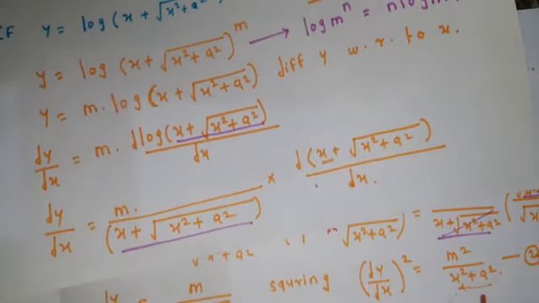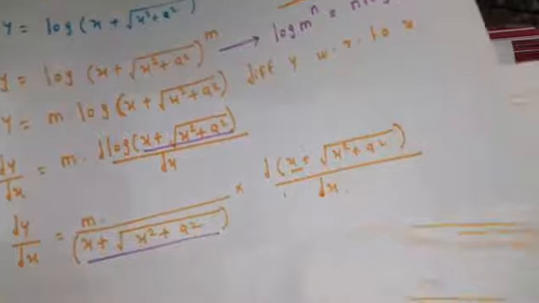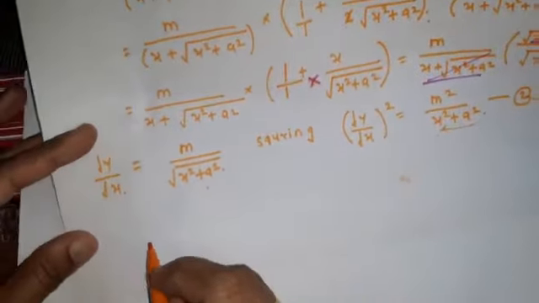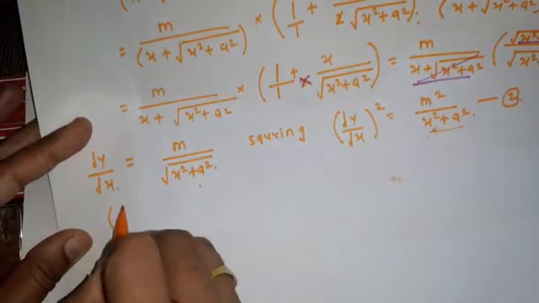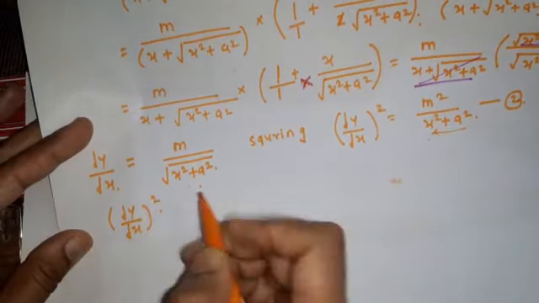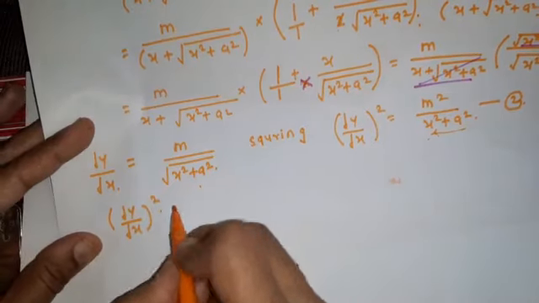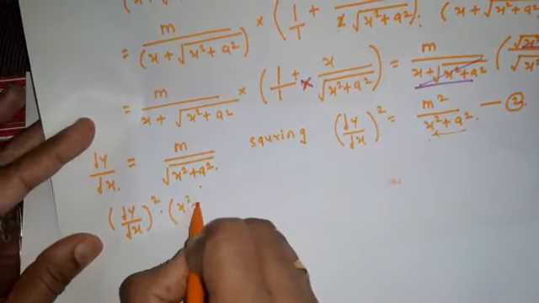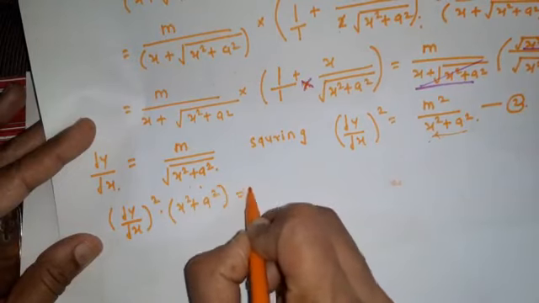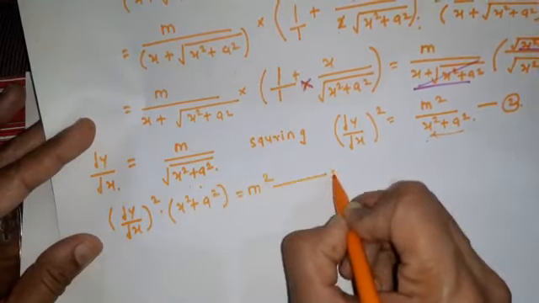So shift this x square plus a square to that side and we will get dy by dx whole square into x square plus a square equal to m square. This is again 2.